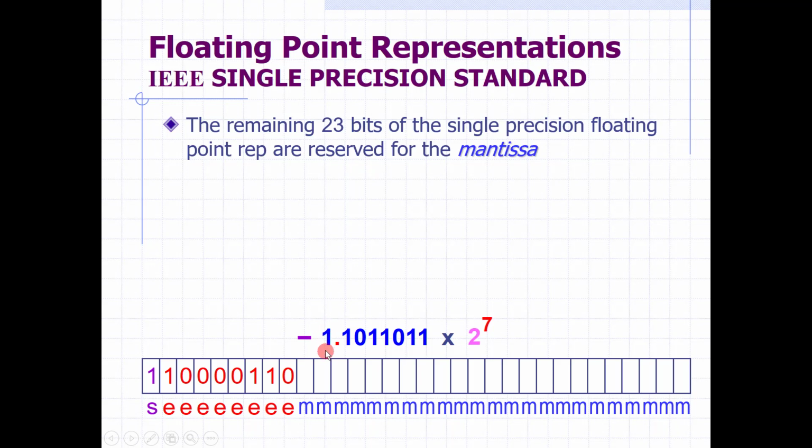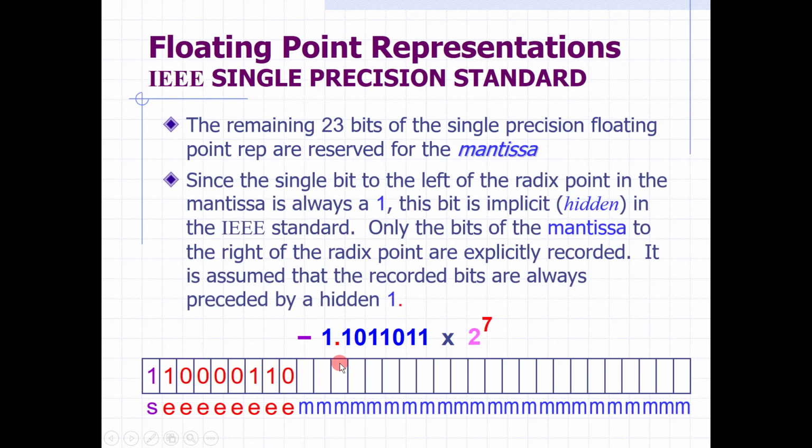Therefore, since it's always a 1, we don't necessarily need to store this leading bit. We only need to store the fractional part here, the part to the right of the radix point. We'll call this the hidden bit then, where we will just assume that there's going to be one there at all times when it's normal. And then we only need to store the rest.